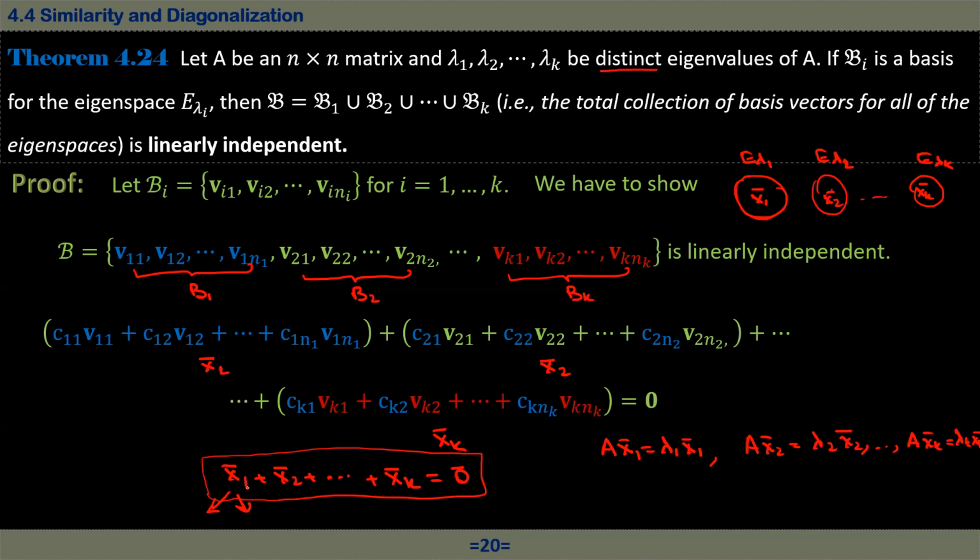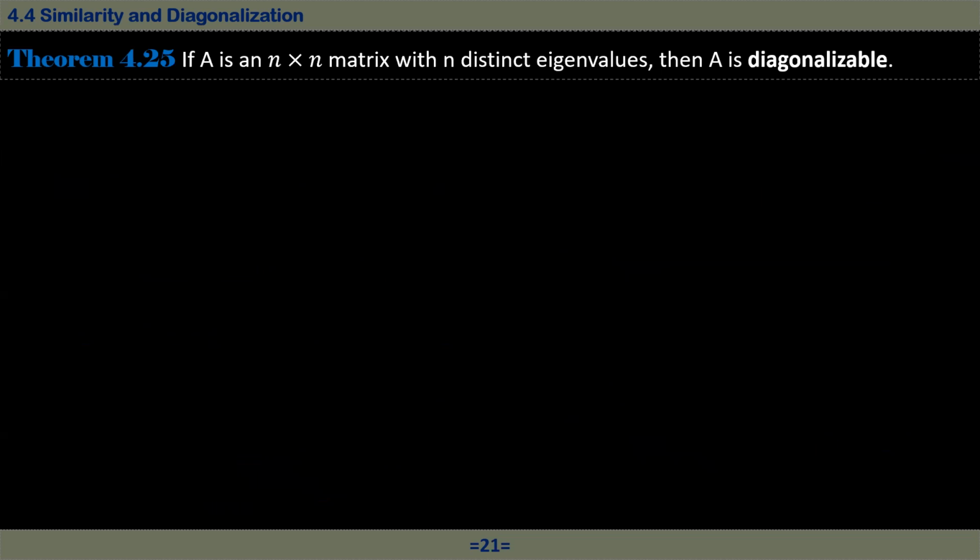As you see here, if you take everything to the right-hand side, we are expressing this x1 as a linear combination of the remaining vectors. And there's a contradiction here. That means these vectors x1, x2, up to xk cannot be linearly dependent. So they are linearly independent, which means that all of the vectors in the set B are linearly independent.